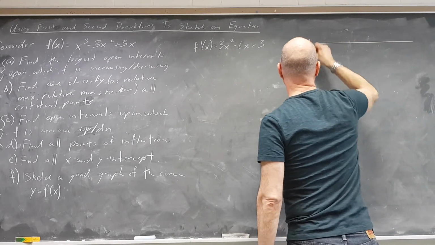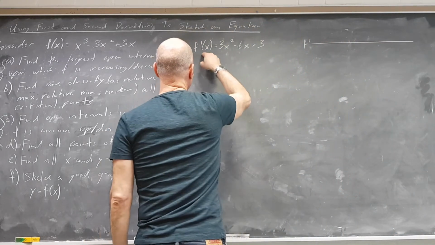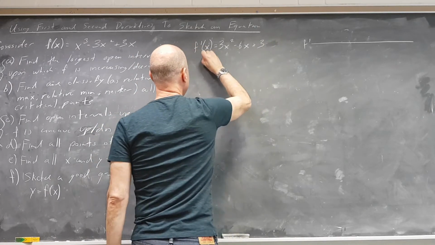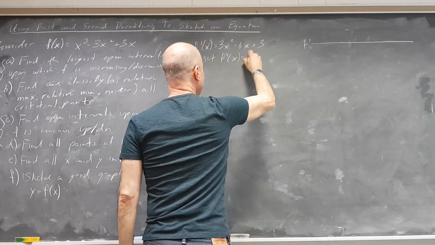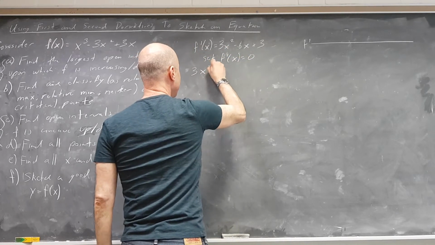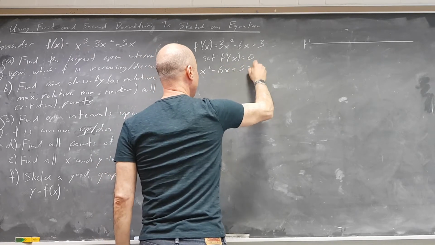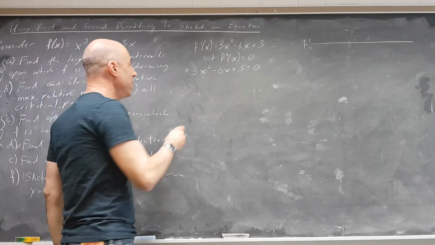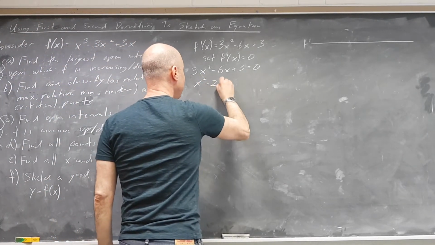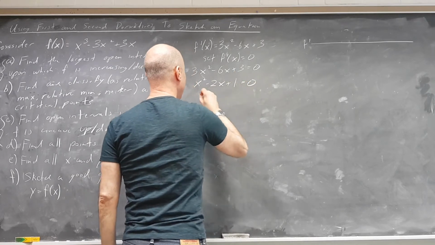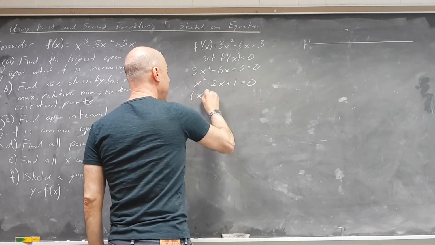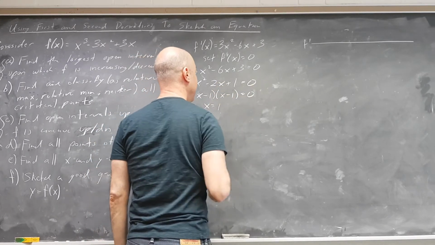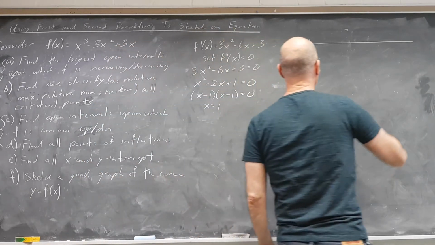For f prime, let's set this equal to 0. So we have 3x squared minus 6x plus 3 equals 0. It's perfectly safe to divide both sides by 3. That just gives us x squared minus 2x plus 1 equals 0. And this factors nicely as x minus 1 times x minus 1, in which case x equals 1.